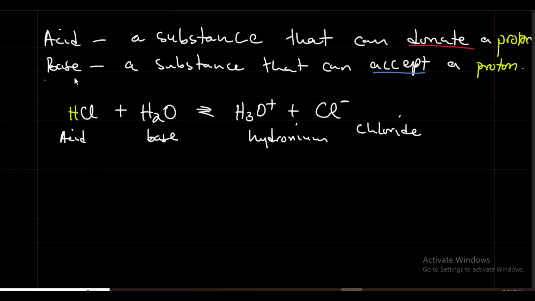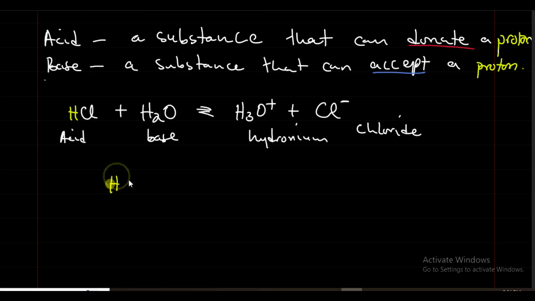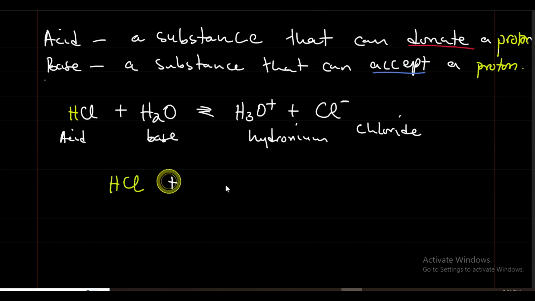So now if I have HCl, okay, plus water, so I'm going to write my water in this manner, plus water. Okay, so now what is going to happen here? Okay, here we have a bond as well. So what is going to happen is that this water has two lone pairs.